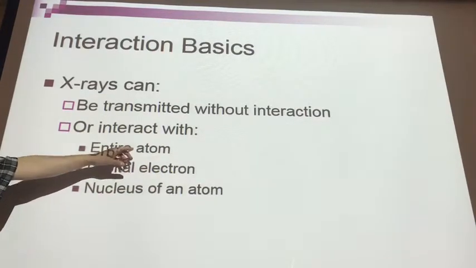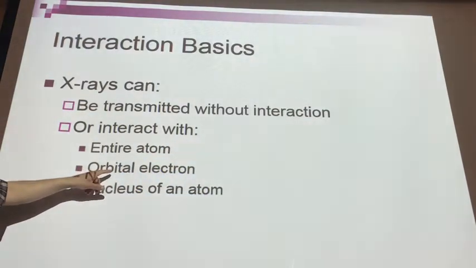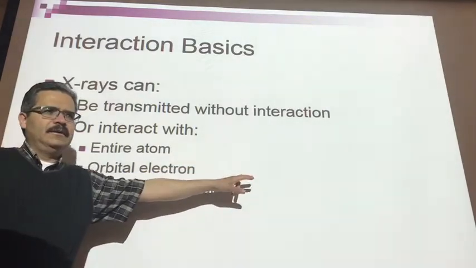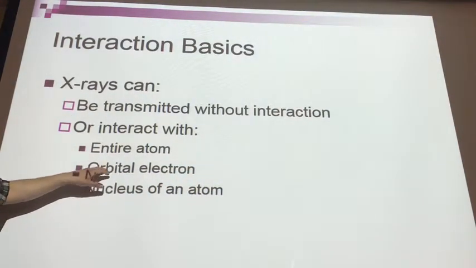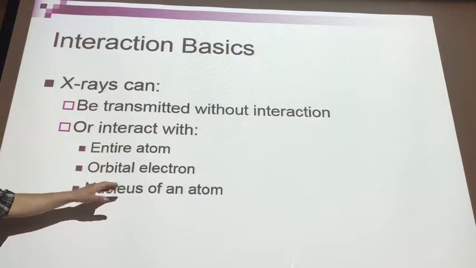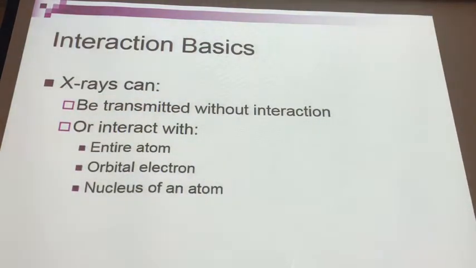The entire atom, they're going to be low energy photons. With the orbital electrons, they're going to be medium range energy photons. Can you repeat that again? Medium orbital electrons. Thank you. And the very high energy photons will interact with the nucleus. Okay? So that's how it goes.